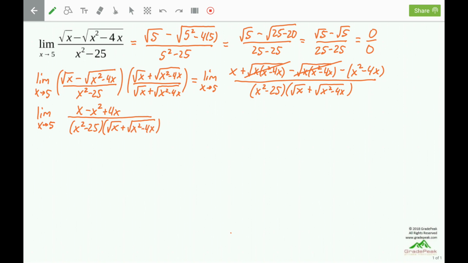We can add together like terms in the numerator. We have an x and we have a positive 4x. Those can combine with each other. So we have the limit as x goes to 5 of 5x minus x squared, divided by x squared minus 25, times root x plus the root of x squared minus 4x.